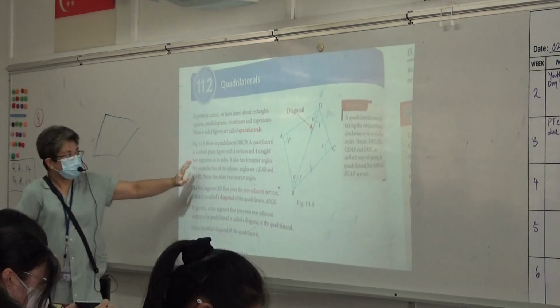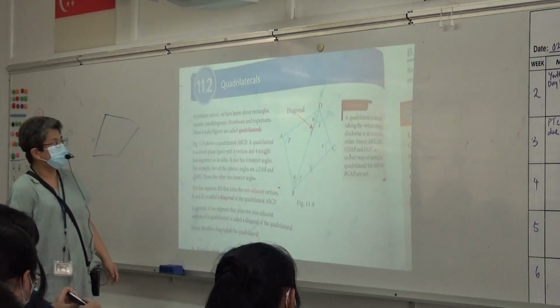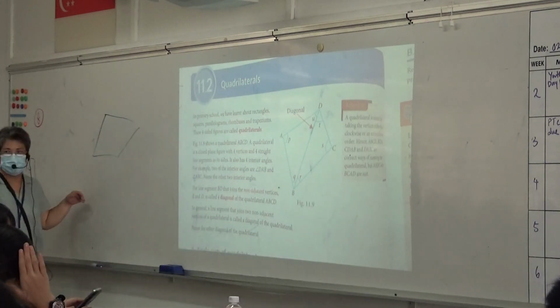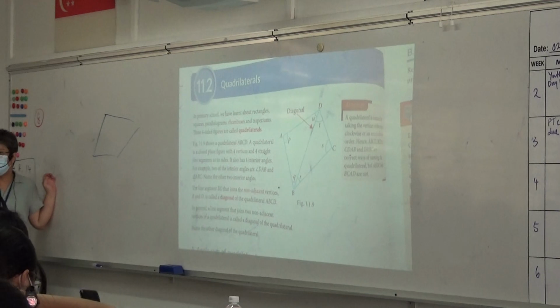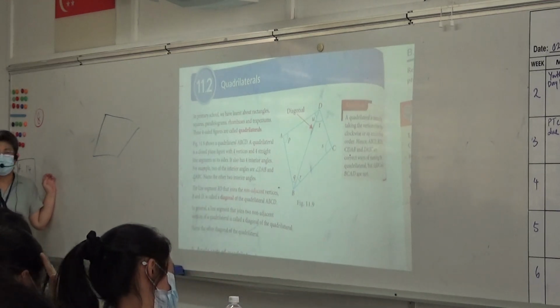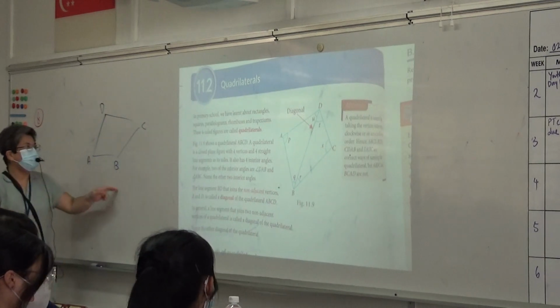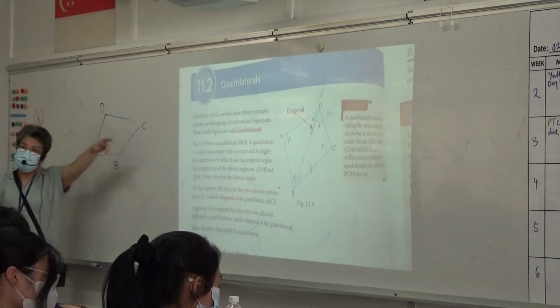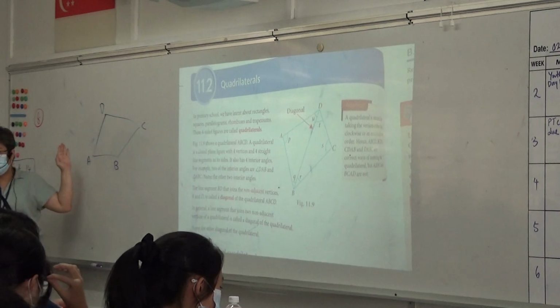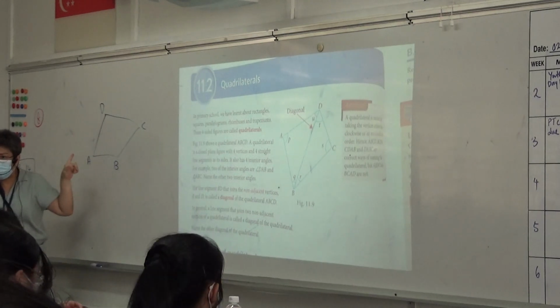Okay? Now, this particular figure shows a quadrilateral ABCD. Now, I need to teach you how to label a quadrilateral. All of you look up. Now, it must go one round. ABCD. Either anti-clockwise or clockwise. You cannot jump. Understand?